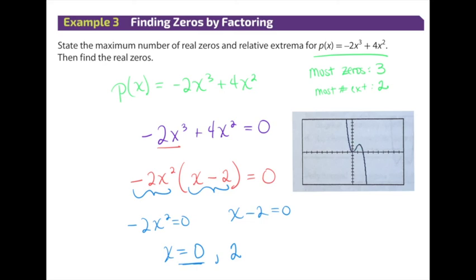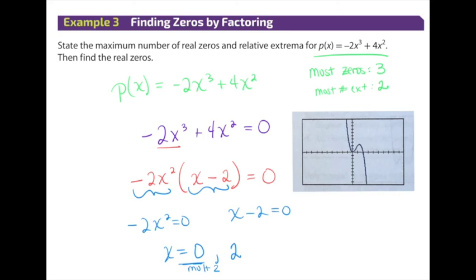All right. We have something that we need to look at called multiplicity. Multiplicity. So you may recall this from last year. This was x squared. So technically, that is a 0 with a multiplicity of 2.